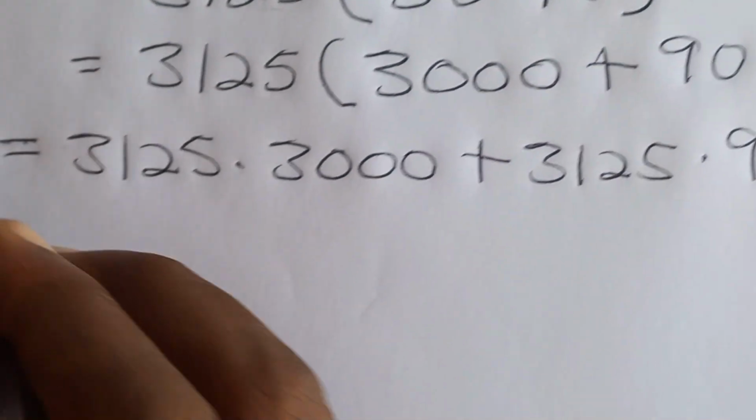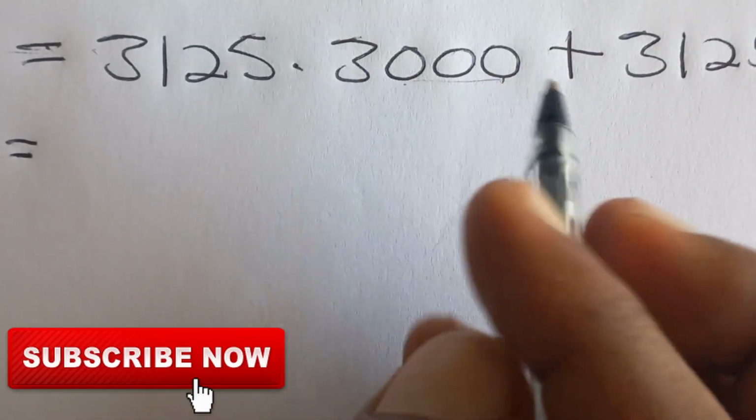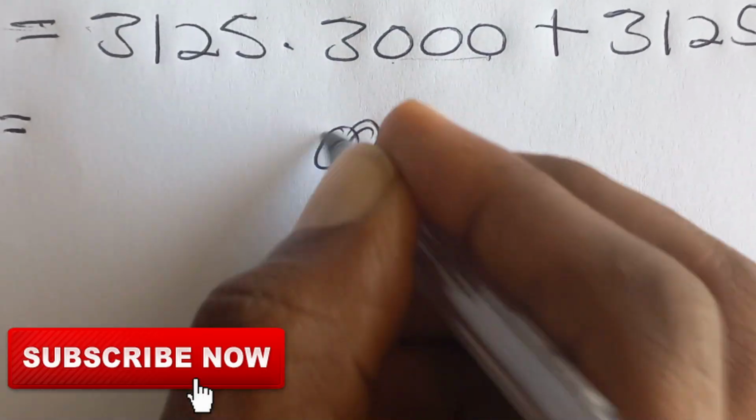For the zeros in 3000, we're going to get 0, 0, 0.